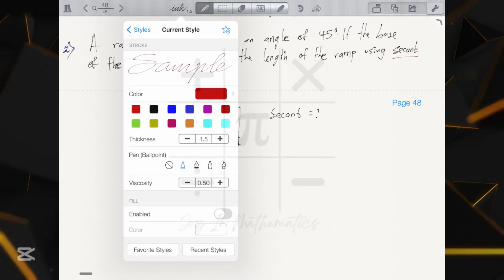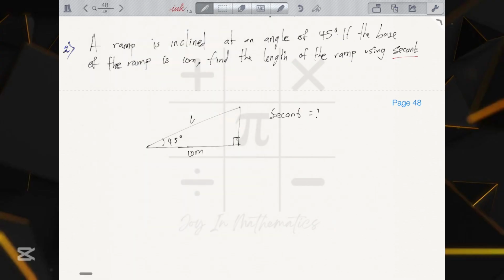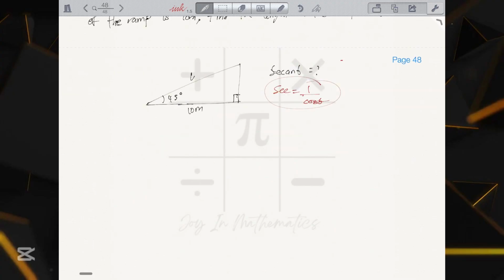Now sec theta is equal to 1 over cos theta. Let's do a quick explanation on this. We are aware of SOHCAHTOA: sine is equal to opposite over hypotenuse, cos is equal to adjacent over hypotenuse, and tan is equal to opposite over adjacent.